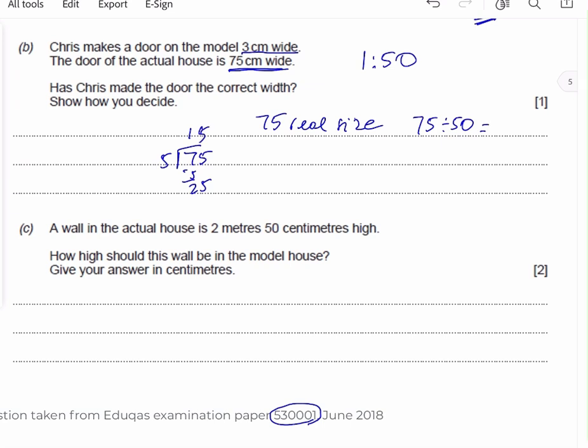So that gives you 15. The answer should be 1.5 centimeters. So Chris made the door the wrong width. So it should be 1.5 centimeters.